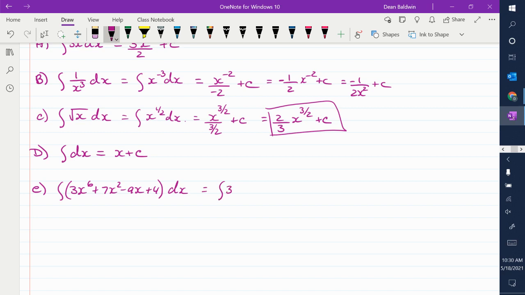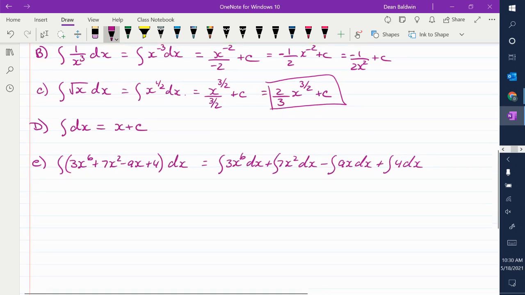So it's the same as this. And then you do each one separately. So 3x to the 6, add 1 to the exponent, divide by that new exponent, so you get 3x to the 7th over 7.